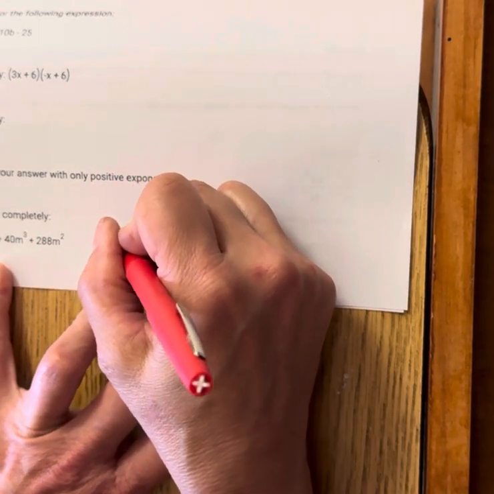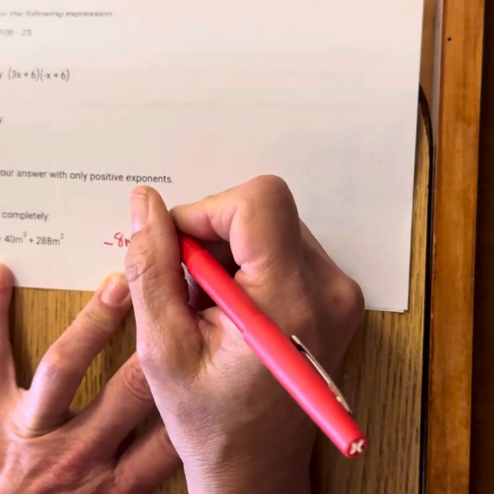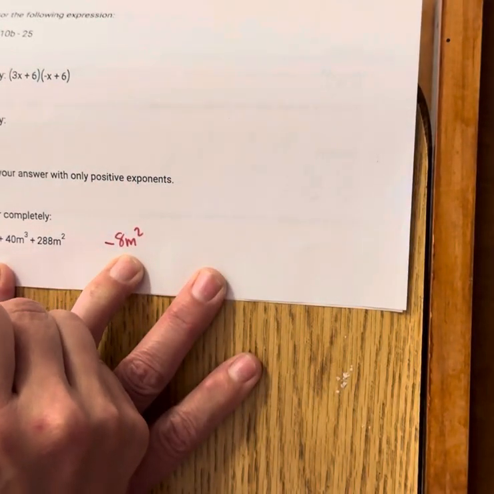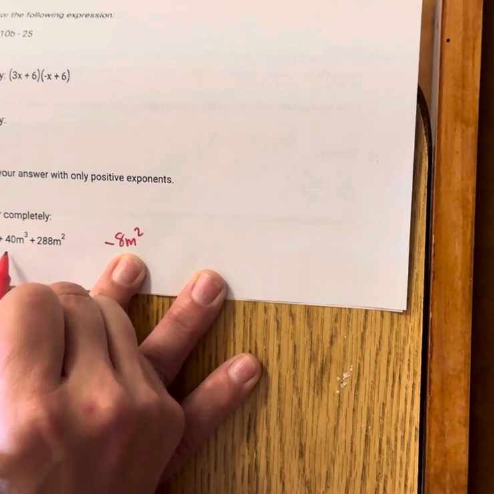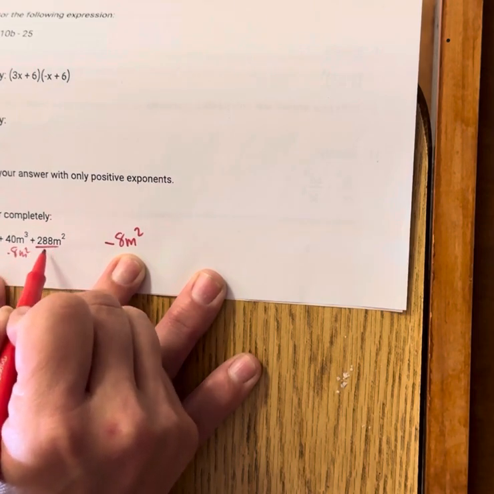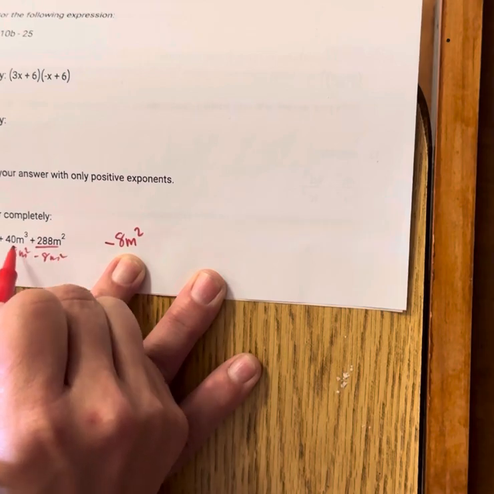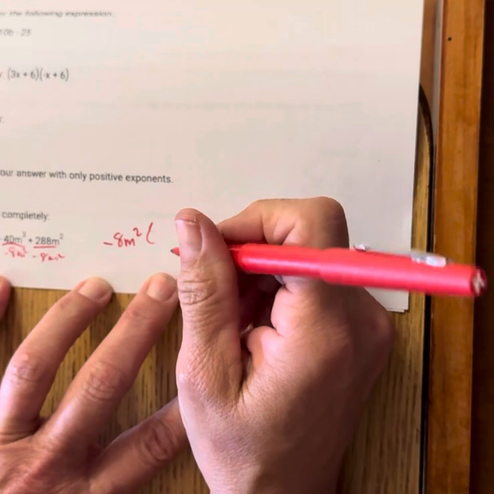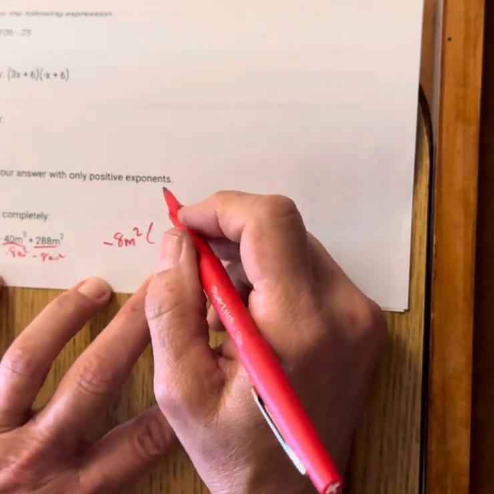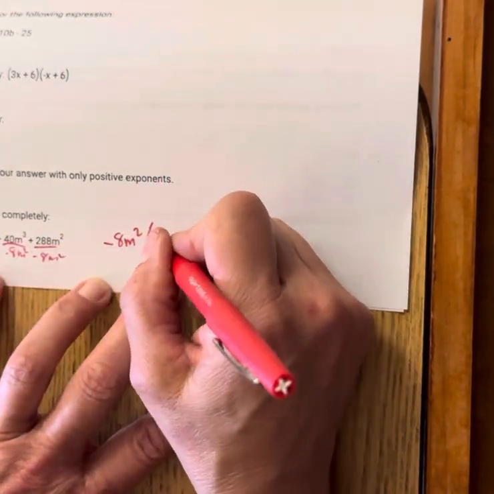So -8m squared. So we're literally taking each term and dividing it by -8m squared, and then that goes inside the parentheses. So -8 is m.